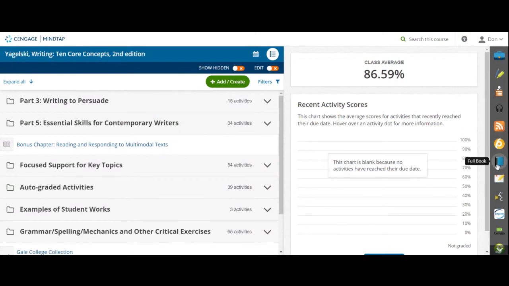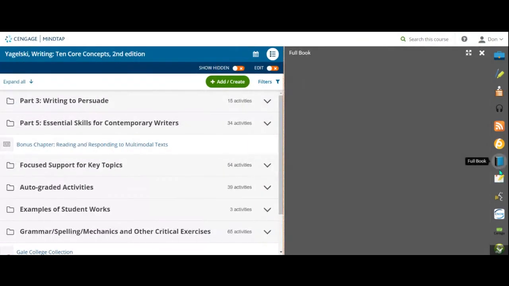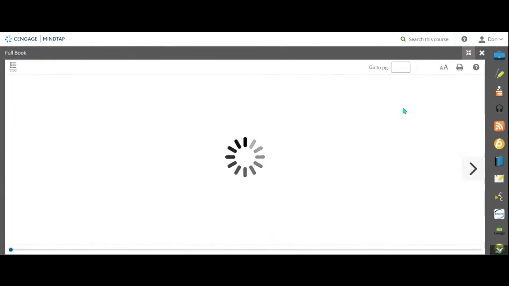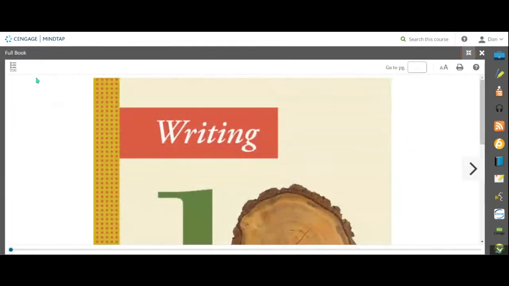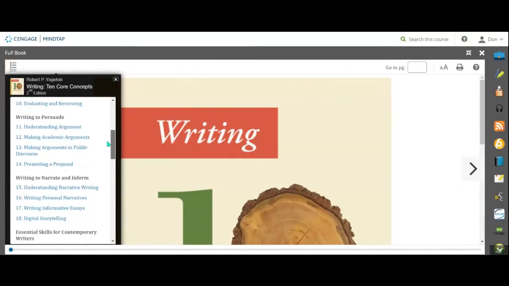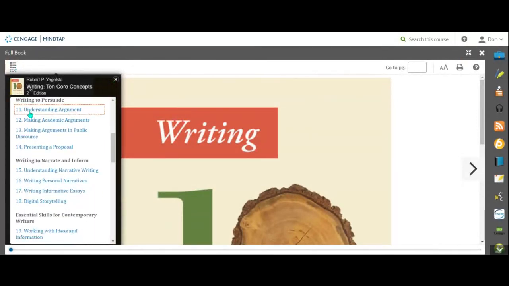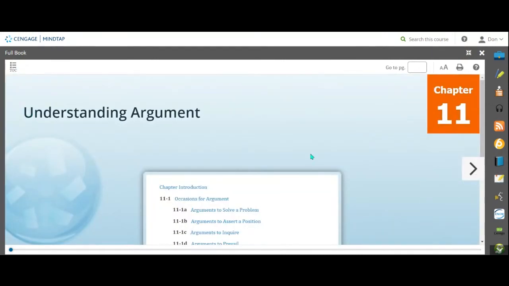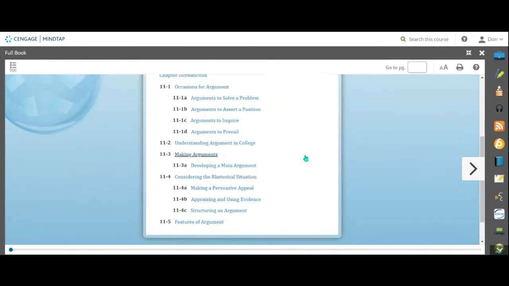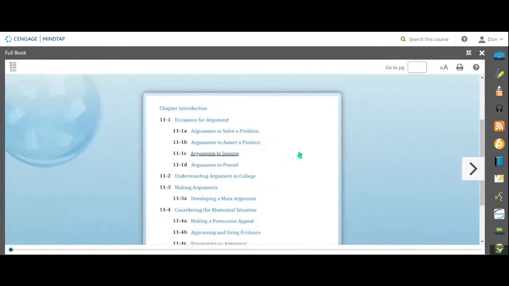We need to look over here on the link for the full book. Open that up. I'm going to spread it open so it's completely across the screen. Table of contents. We're going to Understanding Argument. And we need to go to, let's see.